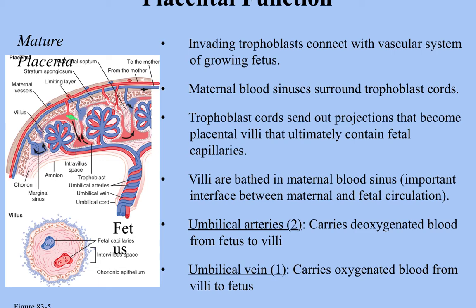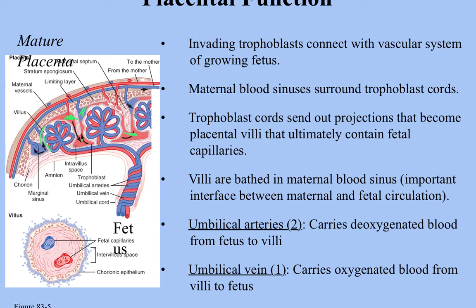So here's the pool of blood. All of this red and the blue here would be the pool of blood that the trophoblast originally delved into. And then those trophoblastic cells will continue to differentiate, become these villi.